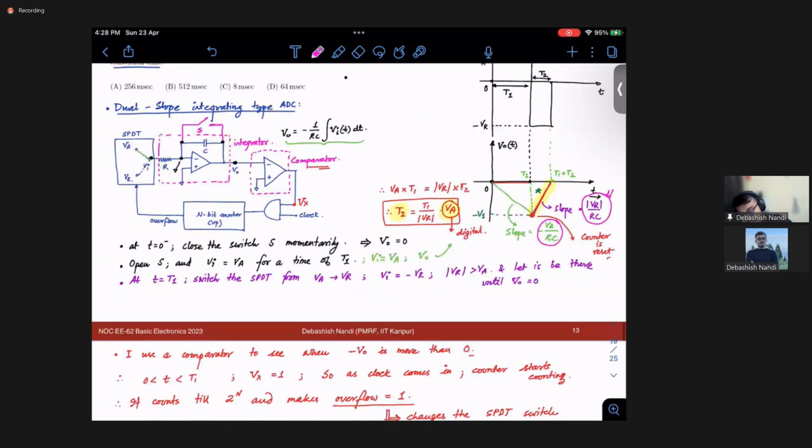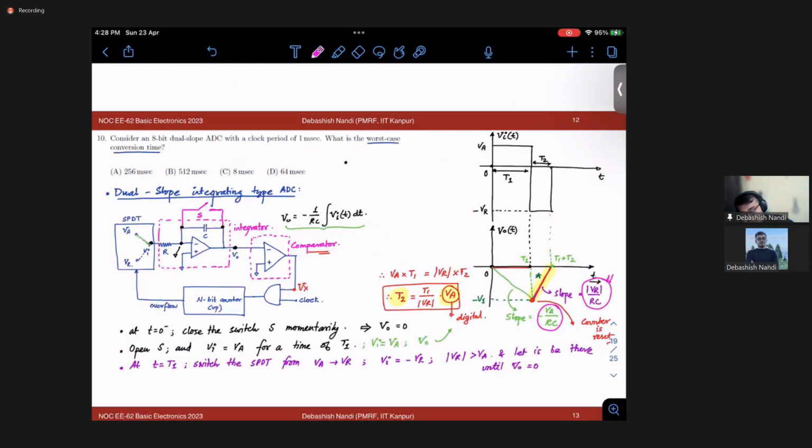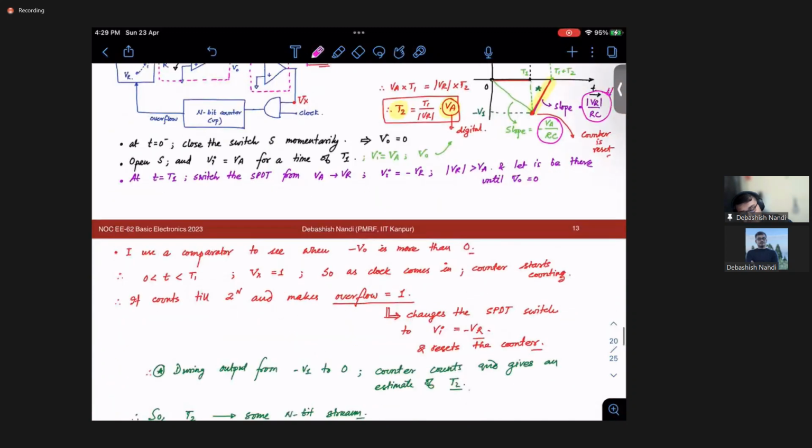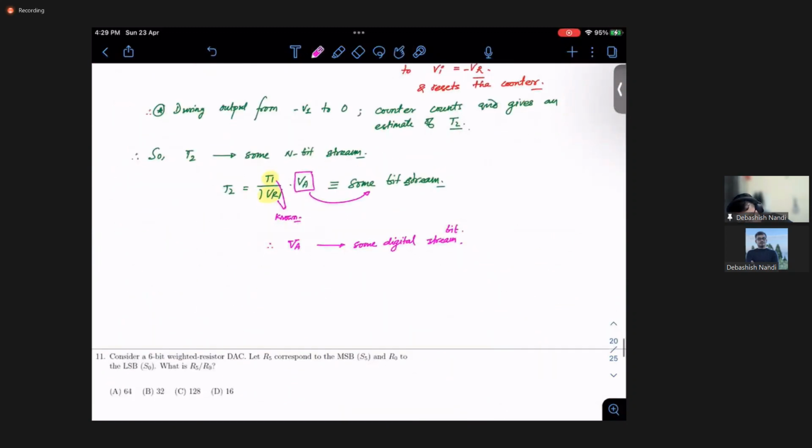Now the question is, what is the worst case conversion time? So you see, for the worst case, my T1 should be equal to T2.